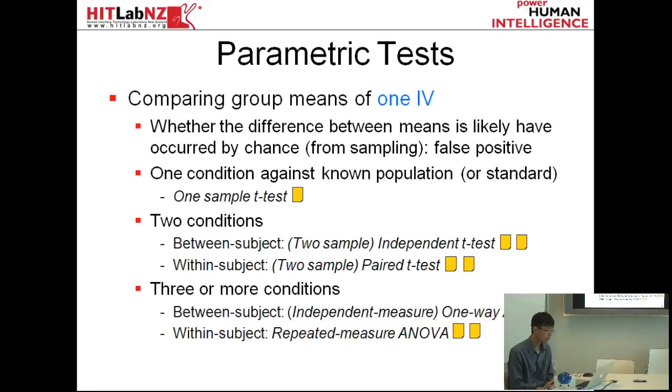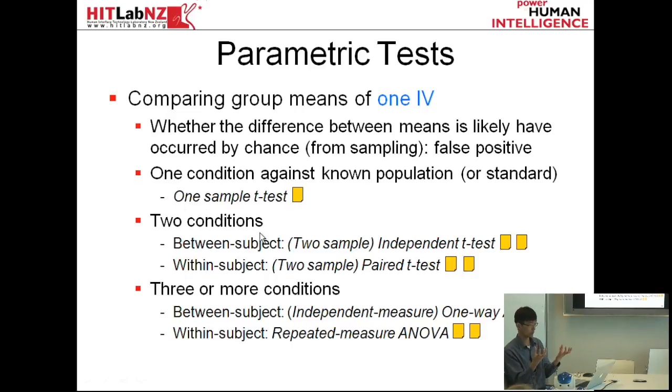So if you're comparing group means, which means means of certain groups of one independent variable, then depending on the number of levels in there, which means number of conditions within that one independent variable, if you have one condition, which we didn't really talk about in the last lecture, but let's say the other two first, and then we'll come back to the one condition.